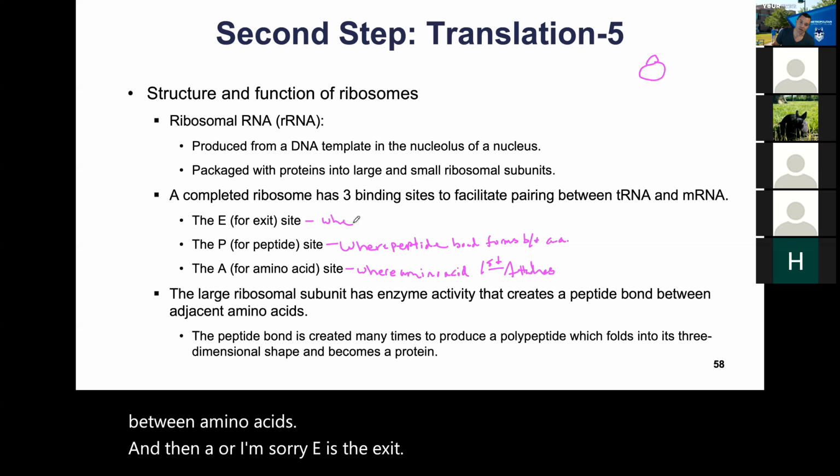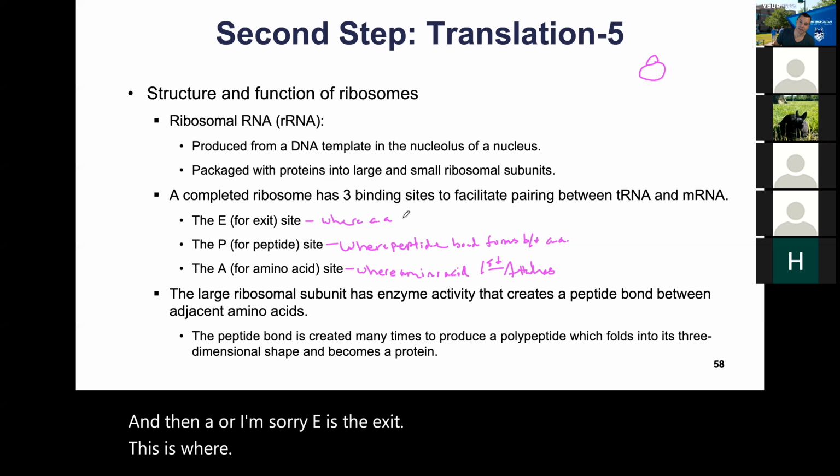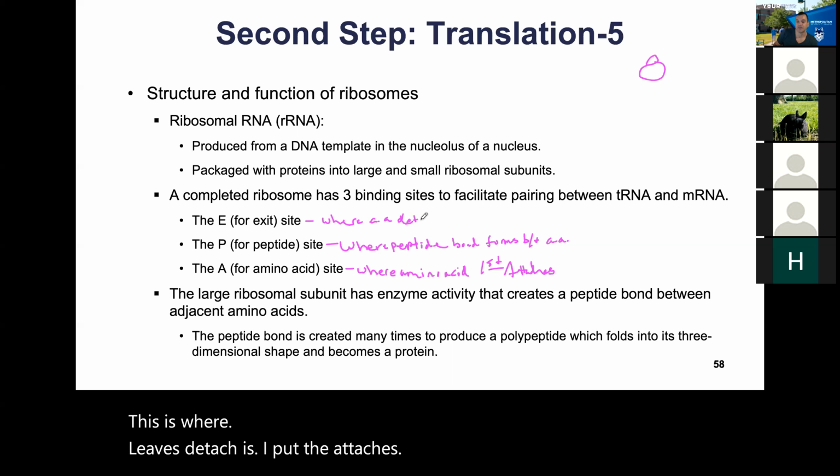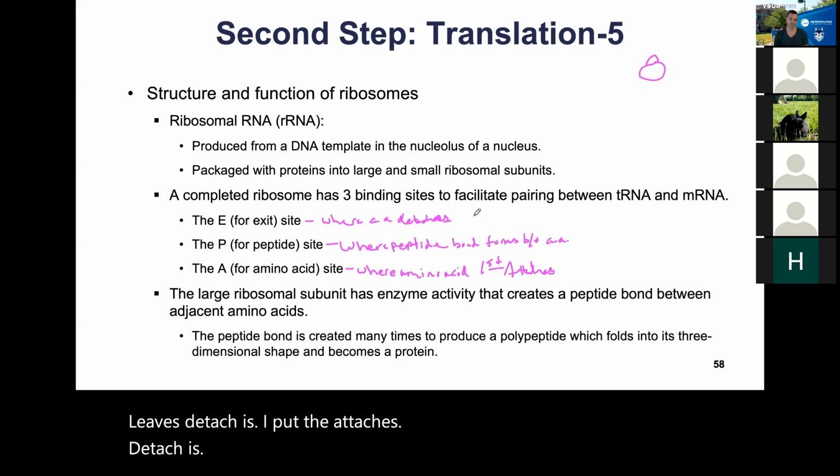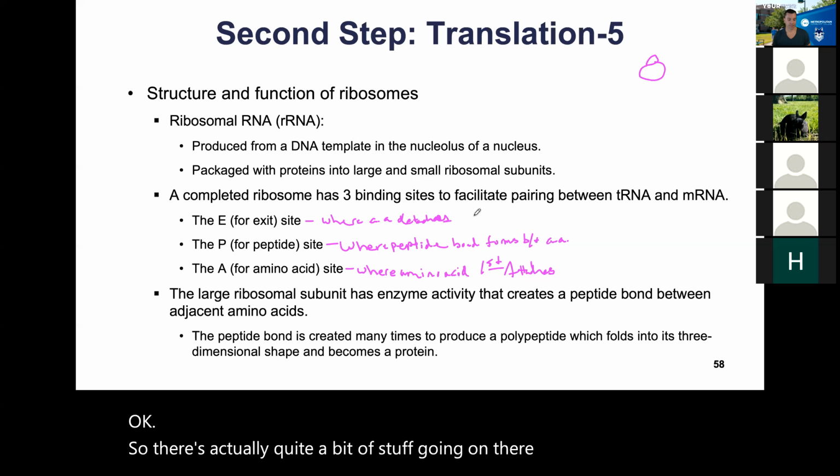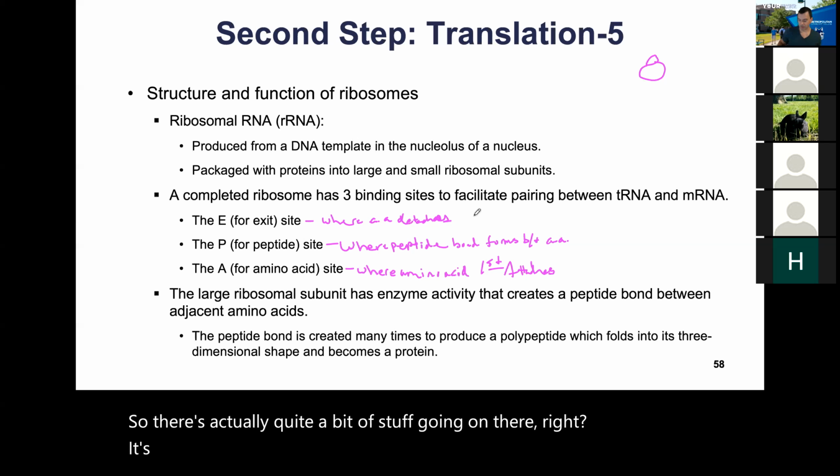This is where the amino acid leaves, detaches. I'll put detaches. Okay. So there's actually quite a bit going on there, right? It's pretty complex.